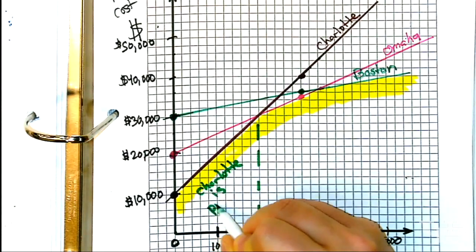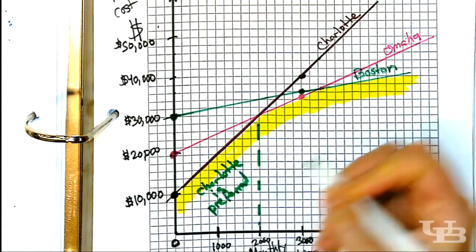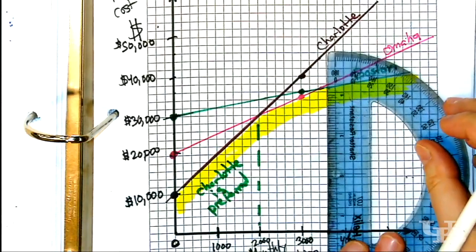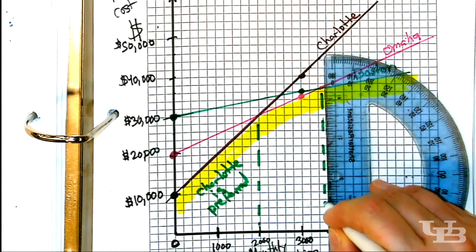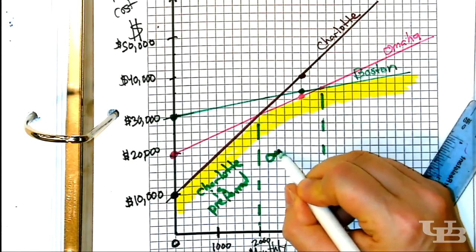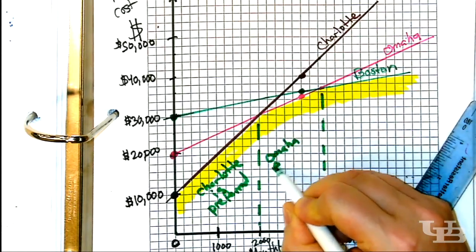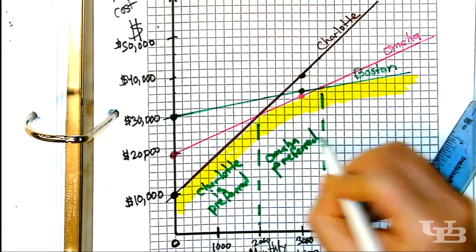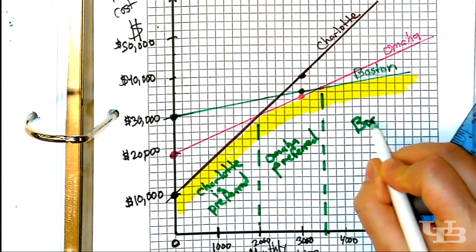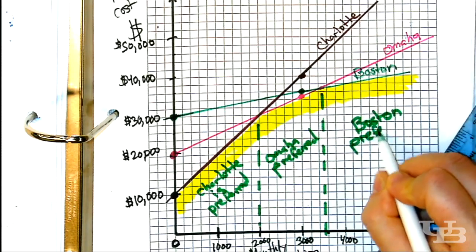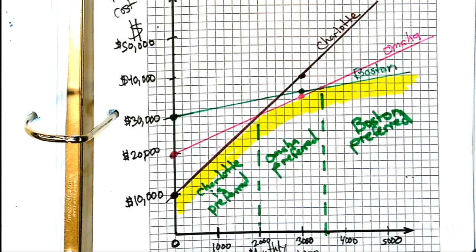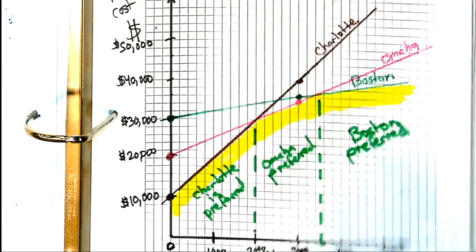Charlotte is preferred here, and then there's a point that it stops being preferred, and Omaha starts being preferred, but not forever, because if production is going to be high enough to pay down that big fixed cost, Boston would be preferred.